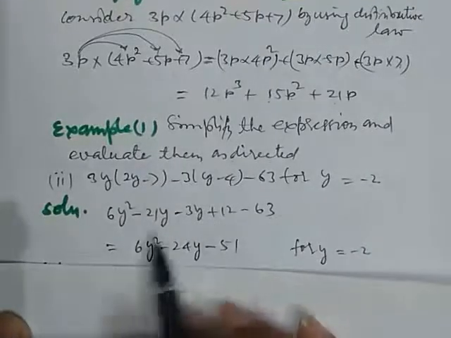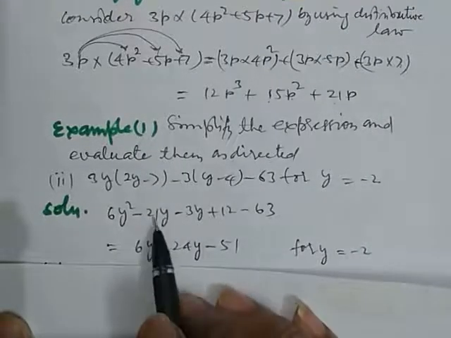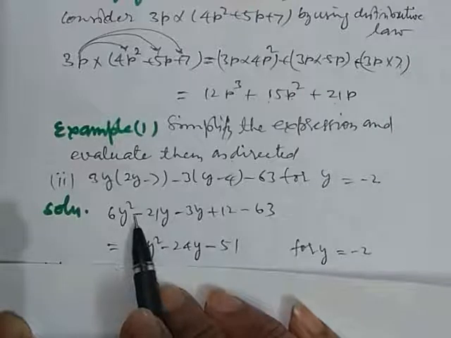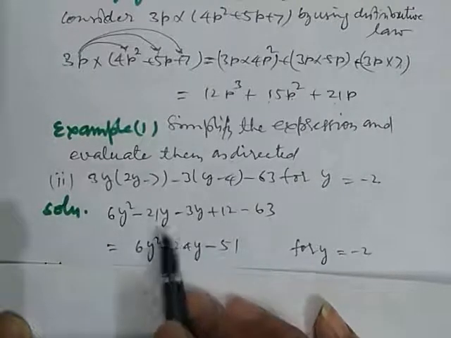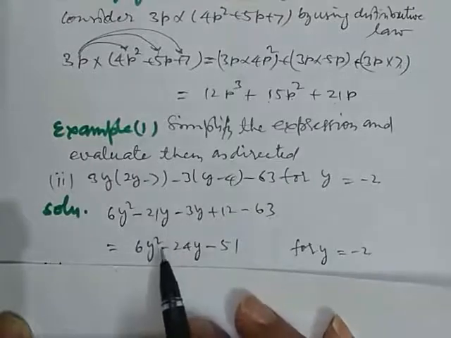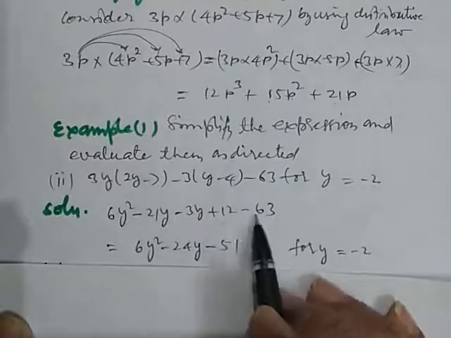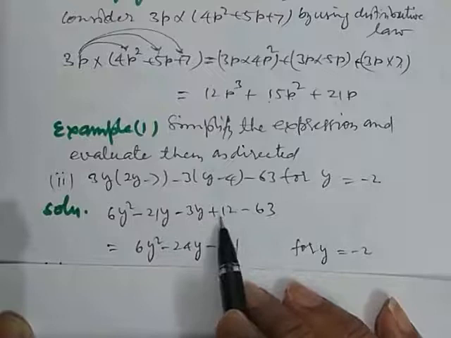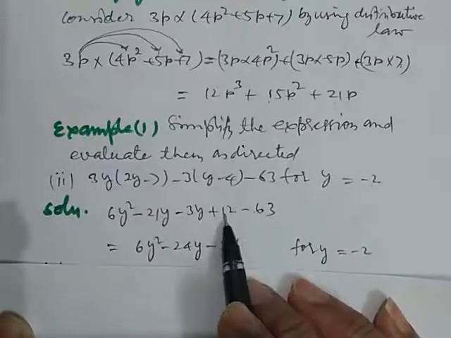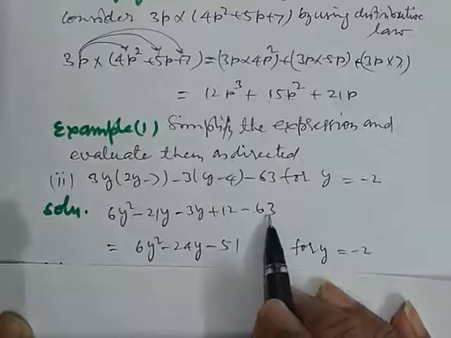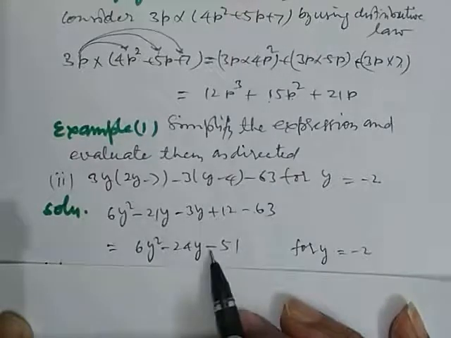First we solve this. 6y square here. 21 negative and 3 also negative. So they are adding, 21 and 3, 24. So minus 24y. And then these are different signs. So they are subtracting. So we subtract 12 from 63. We get minus 51.